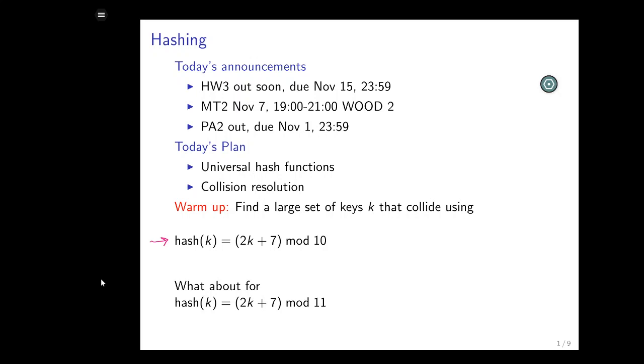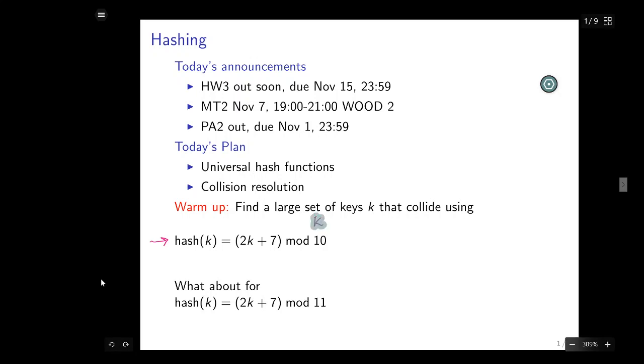Because if I choose k to be a multiple of 10, for example, if k is 0, I get 7. And if k is 10, I would get 20 plus 7 modulo 10 is 7. And if I choose k equals 20, then I get 40 plus 7, so I could choose all values of k.